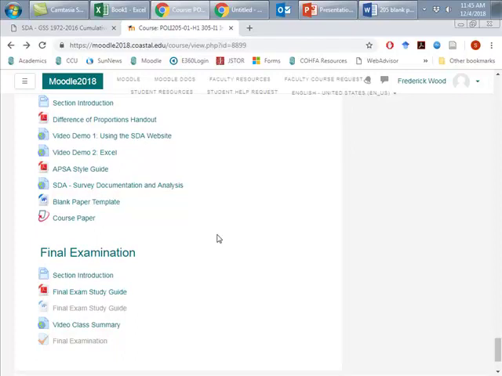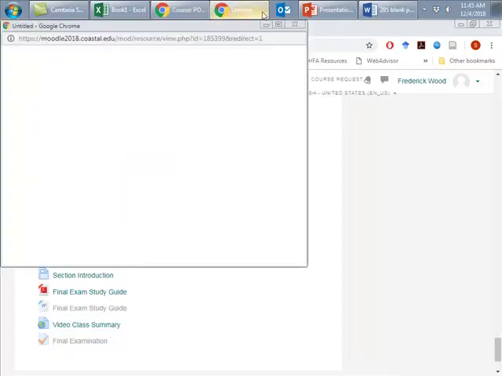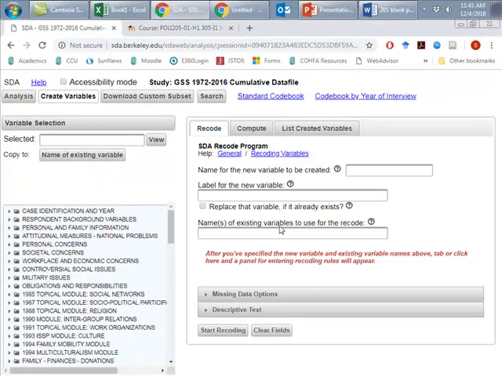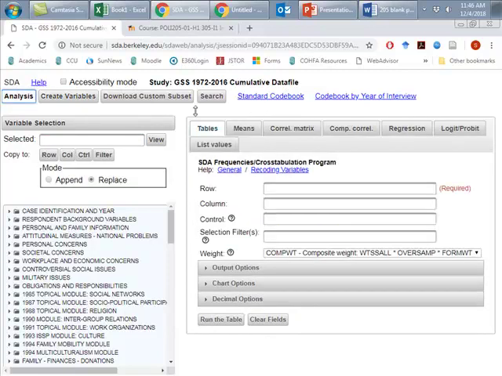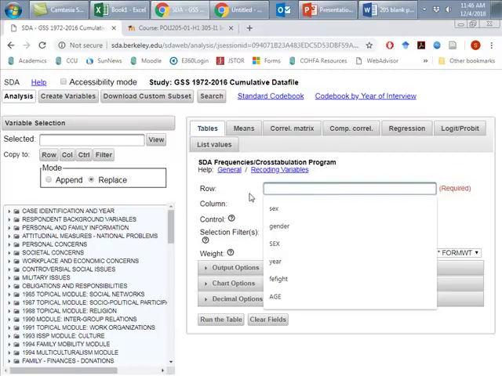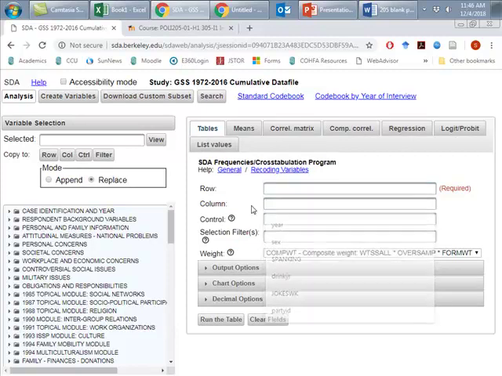there's 2 video demos. One is using the SDA website. The main thing you need to be able to do from the SDA website is, I need to remind myself, it's sex and spanking. Okay. So up here, there's a button that says download custom subset.